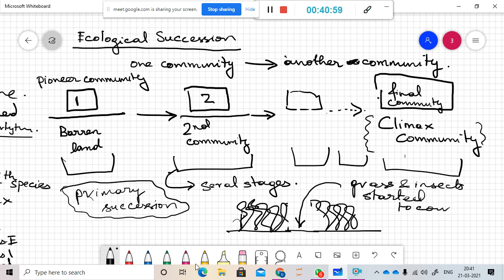And so here again grass and insects started to come inside, and succession started to take place over here. This type of succession, where a fire or accident or something happens and destroys a part of the final climax community, is known as secondary succession.